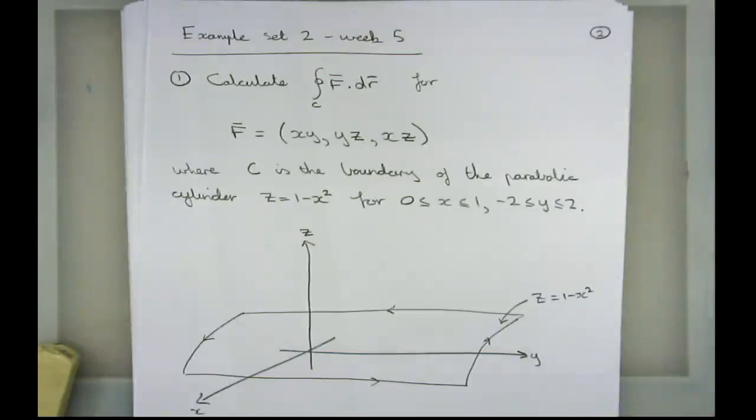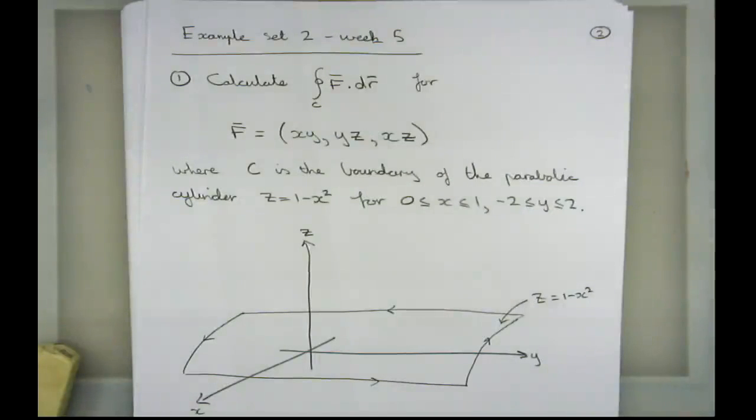Easy to parameterise. Then for this bit, you could say that z is 1 minus t squared, where t goes from 1 to 0, since I have to go backwards to go anti-clockwise. Y is fixed at 2. All those different parameters, that's 4 path integrals.